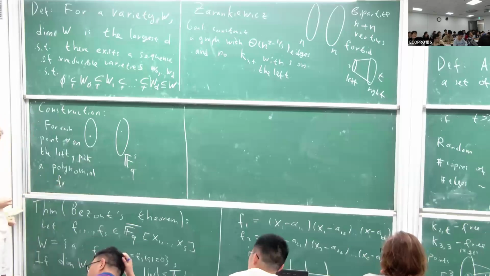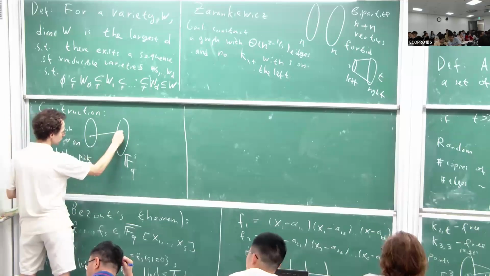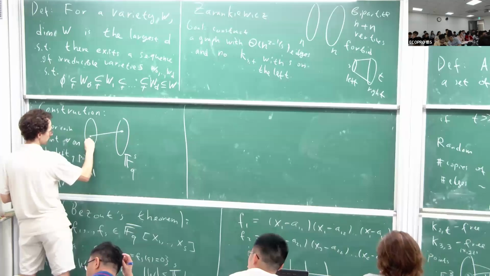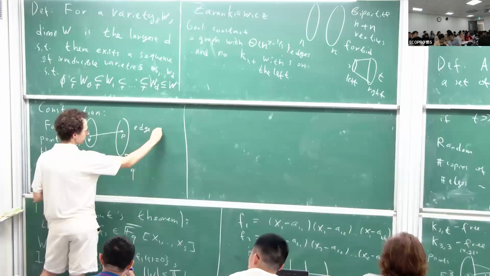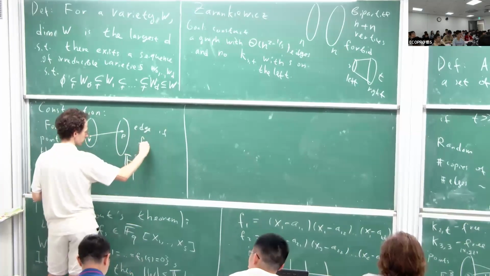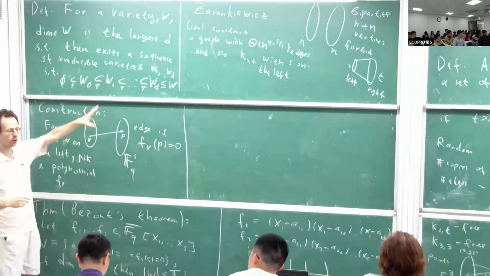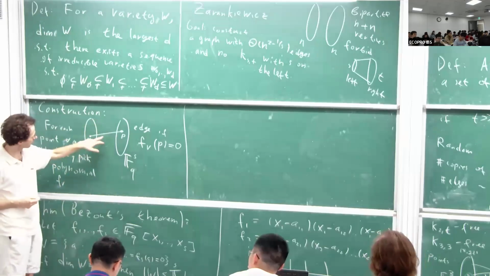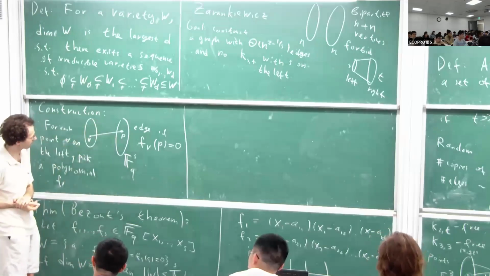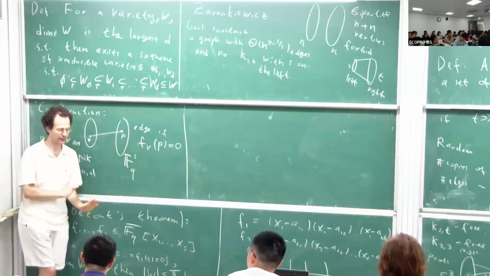So I will define my graph in a nicer way. With the polynomial f_v, I'm going to make my edges exactly what you expect. This is v, this is a point, and there is an edge if the polynomial is 0 at that point. Much like what we did before, where we wrote a polynomial and the incidence between a point and a point was given by vanishing, we're doing exactly the same thing.